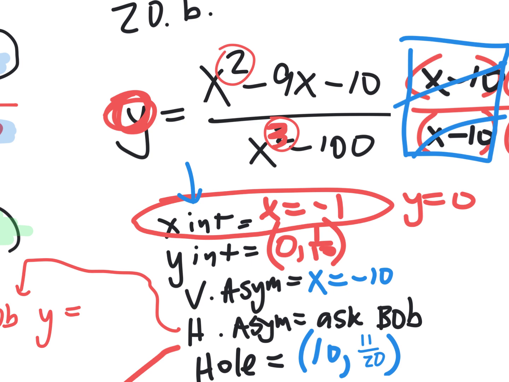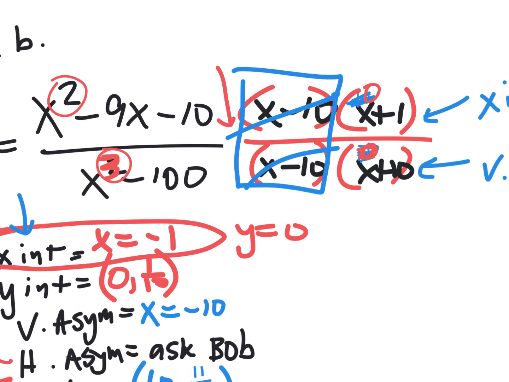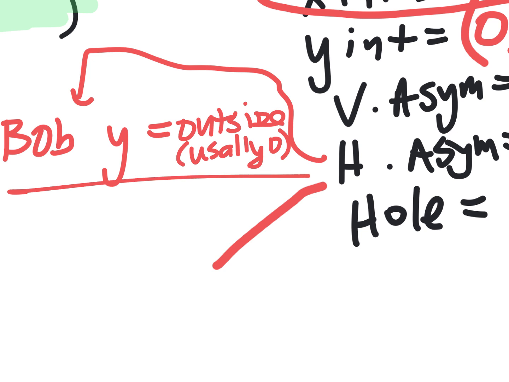Do you guys remember the rule for BOBO? Yes, it's something with the outside. Look outside the fraction. There's nothing there, so it's y equals 0. It is whatever's on the outside of the fraction. These are all fraction functions. It's y equals the outside, usually 0. That's bigger on the bottom.